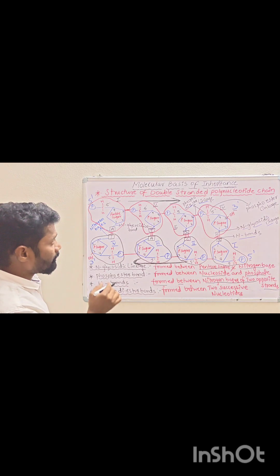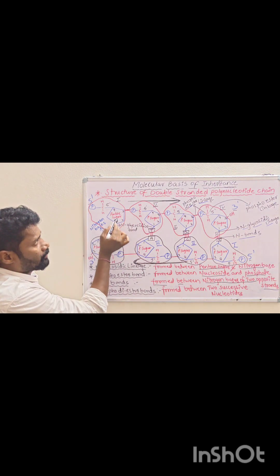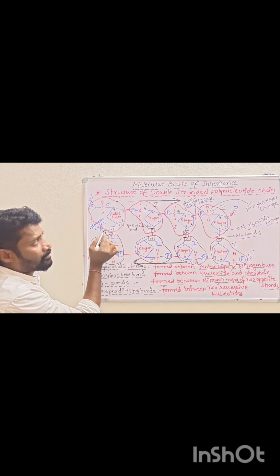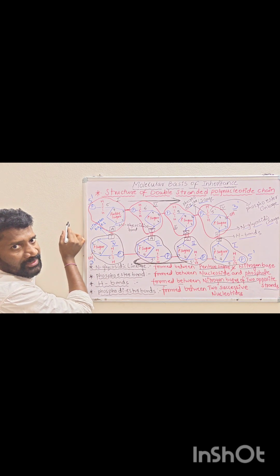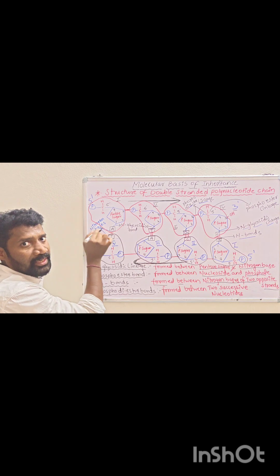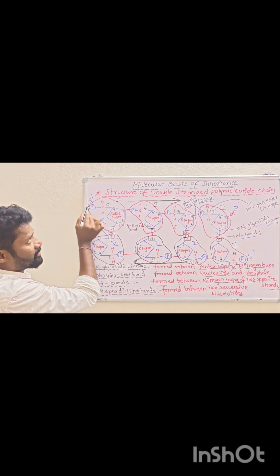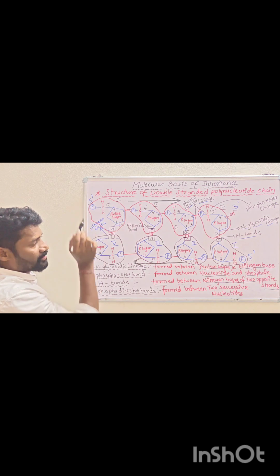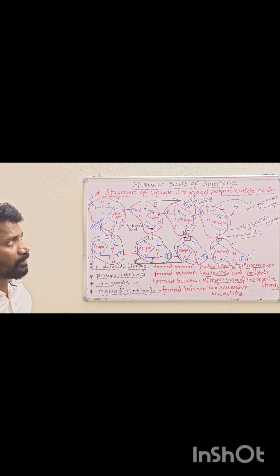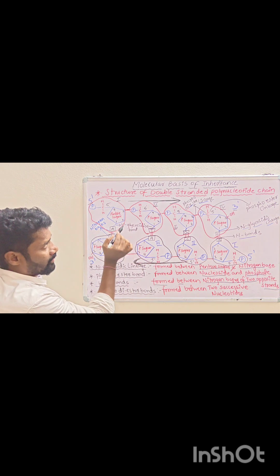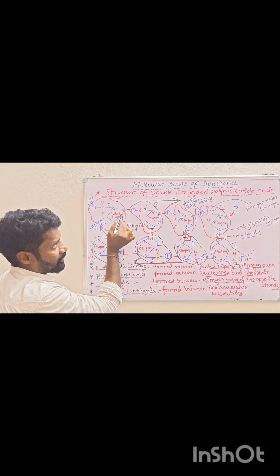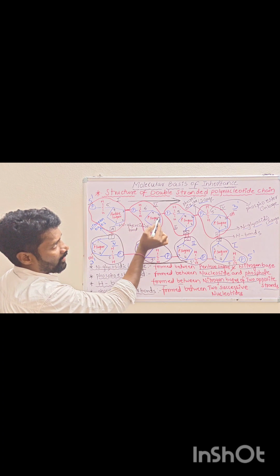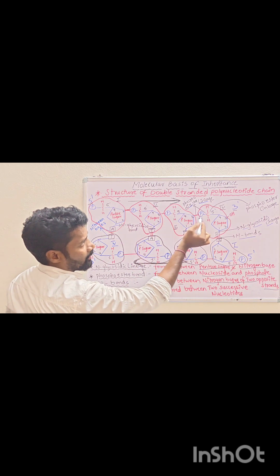Suppose this is the first nucleotide. Before this nucleotide there is no other nucleotide, so it is the beginning, the initiating nucleotide. That's why the fifth carbon is free. You must remember that successive nucleotides are always bound together in 3 to 5 direction. See here, 3 to 5, 3 to 5, 3 to 5.